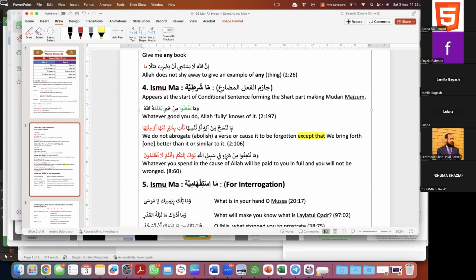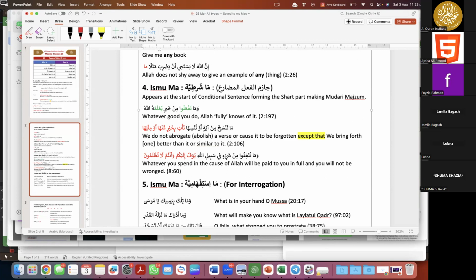So, ma nansakh. Okay, just the meaning. Na is for nahnu, the alamat of mudari, right? This is from nasakha. Nasakha is the word. Ma made it sukun: nansakh.